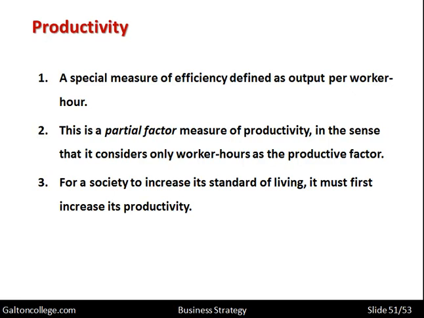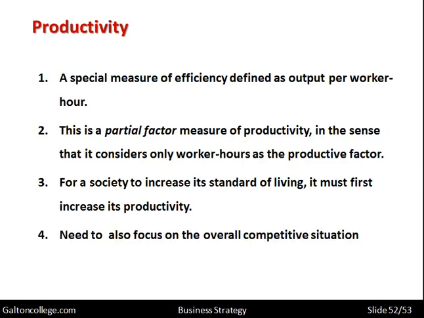But if we're going to have more, then we need to produce more. If we don't produce more, we can't have more. So productivity is essential. It's essential in terms of macroeconomics as well as the productivity of an individual business.